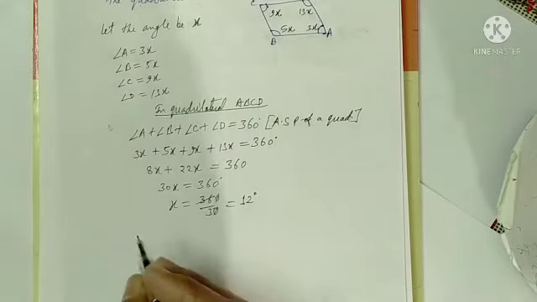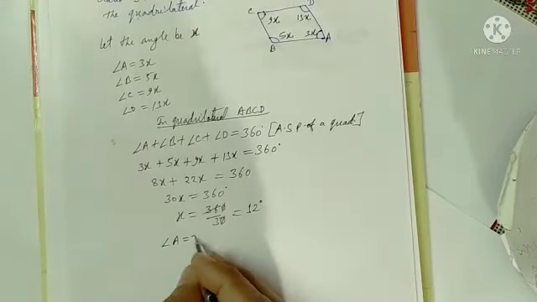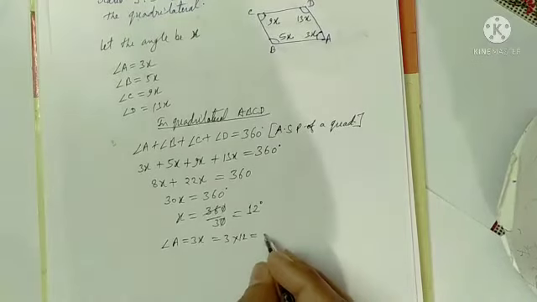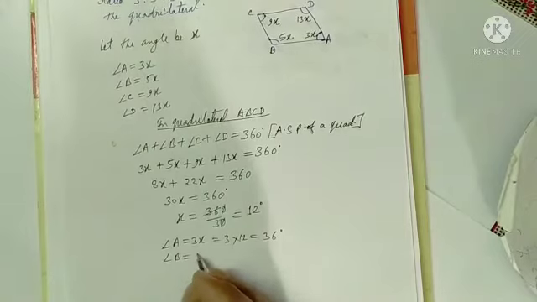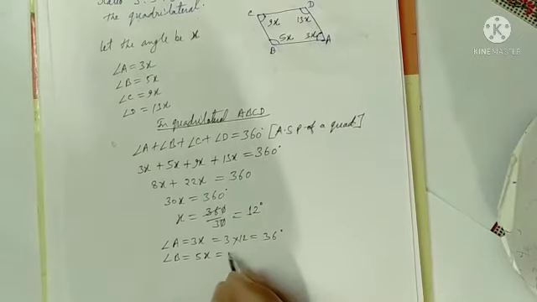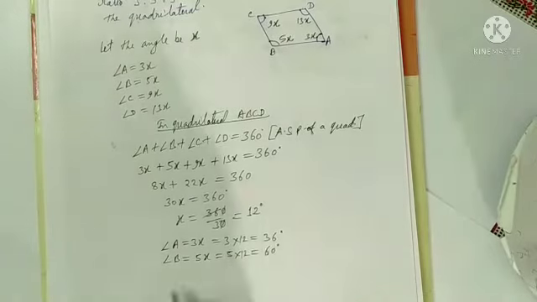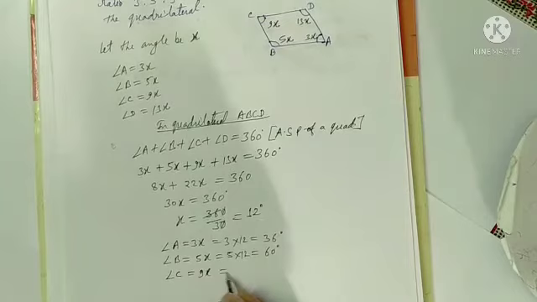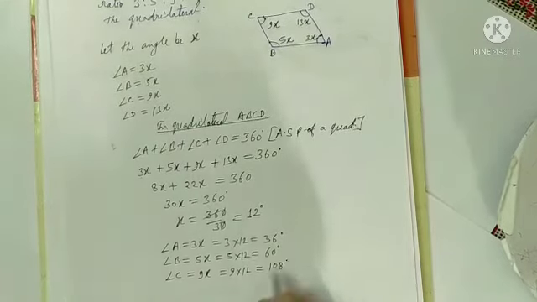Hereafter it is very easy to calculate. How? Angle A we let 3x, so 3 multiplied by 12 is 36 degrees. Angle B is 5x, so 5 multiplied by 12 is 60 degrees. Angle C is equal to 9x, that is 9 into 12, 108 degrees.